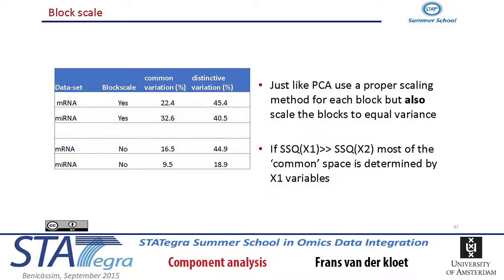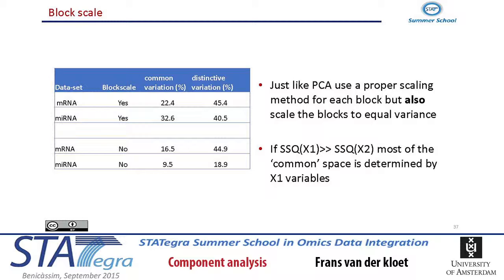Similar to scaling in PCA terms, I also need to take care of scaling between the blocks if I have different data sets and want to fuse them. So if I have loads of variables, like 12,000 variables here and, let's say, 1,000 variables here, then my variance here with more variables is much larger than the one with fewer variables.